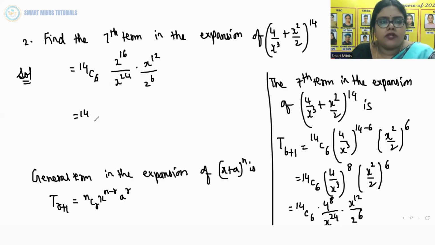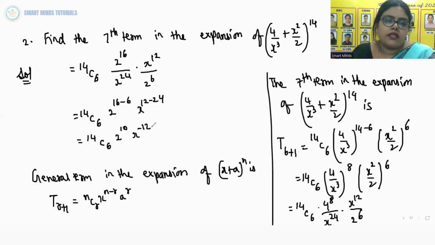So that is 14C6 2^(16-6) x^(12-24). So that is 14C6 2^10 x^(-12), or you can write this as 14C6 2^10 by x^12. This is the seventh term.